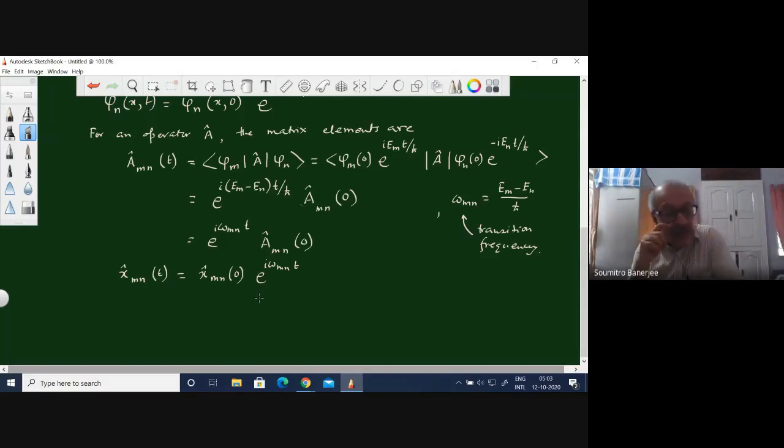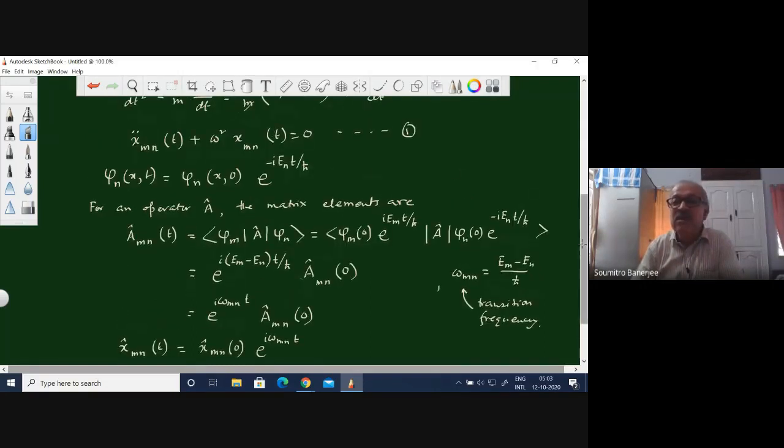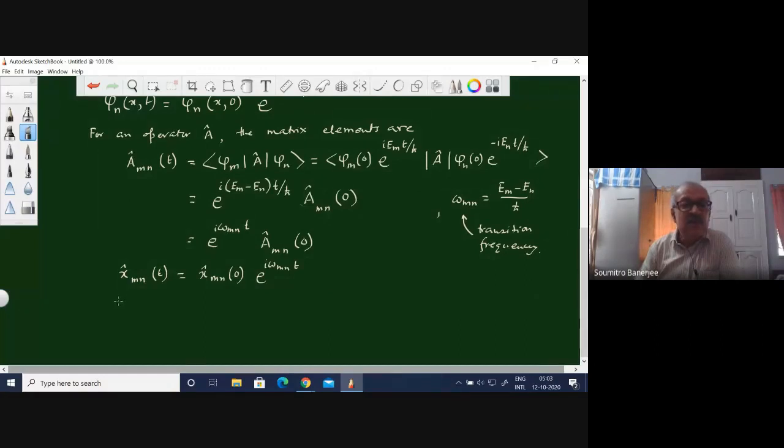So we will now work on the initial matrix elements, and we can also take a double derivative of this to obtain an equation something like the one that we obtained and numbered one. So take a double derivative of this. So d2 by dt2 of x operator mn at time t, this will become, i will come once, second time derivative i will come twice, so it will become minus omega mn square, it will come twice, and then it will become x mn at 0, e to the power i omega mn t.